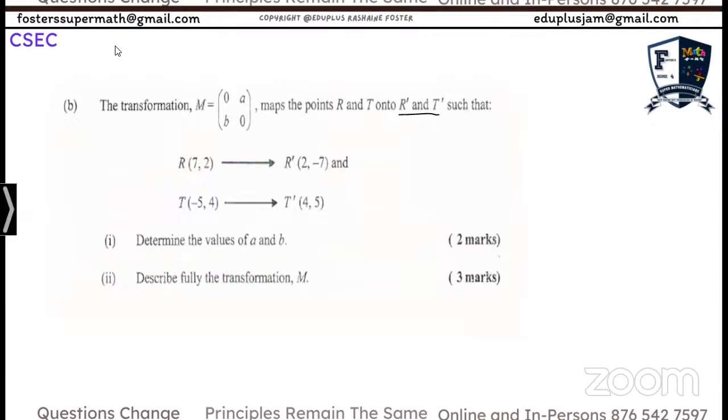You realize that you're interchanging the signs, but you only change the sign for one of them. For anybody who's thinking that it's a reflection, no, it's not going to be a reflection.